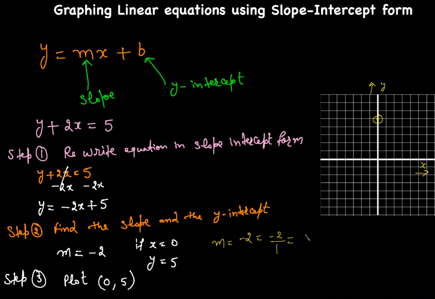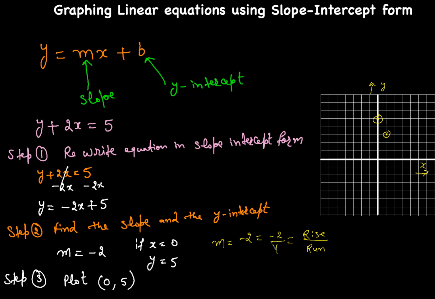So remember, slope is rise over run. As it is negative, we're gonna go downward. How many points? 2 points. On the y-axis, we're gonna go 2 points down, 1 and 2, and then we're gonna run 1 point here. So this is my second point.